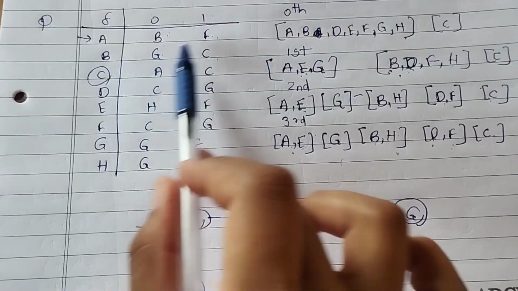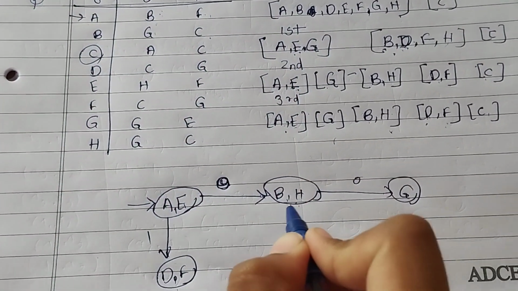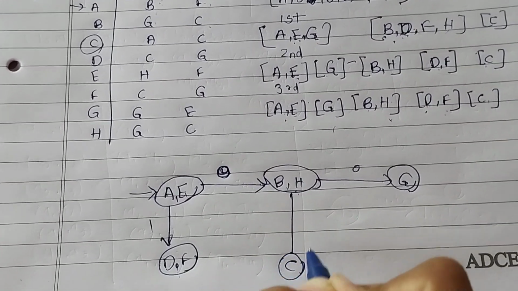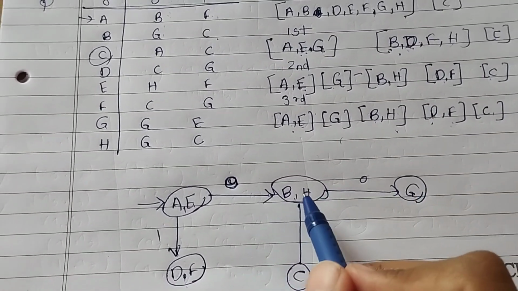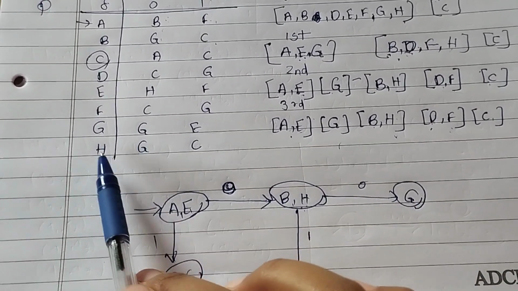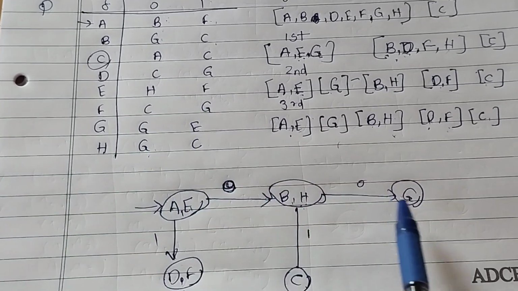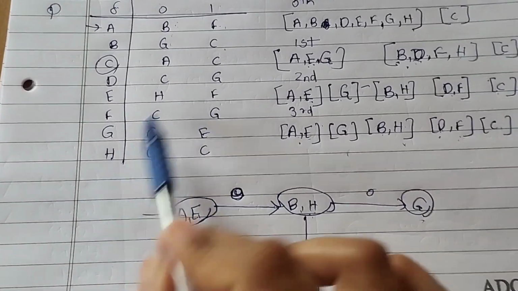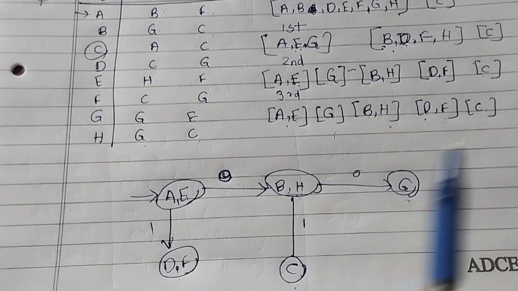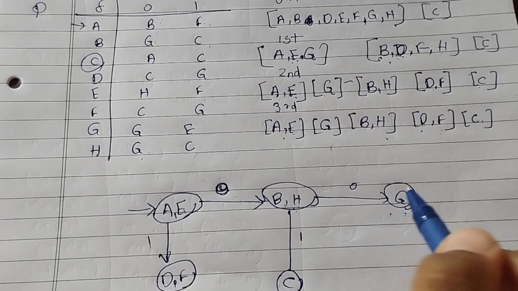Now B reads 1 in C. So we write here C, reading 1. If we check H, then H also reads 0 in G. We draw here. And H reads 1 in C. We draw here.